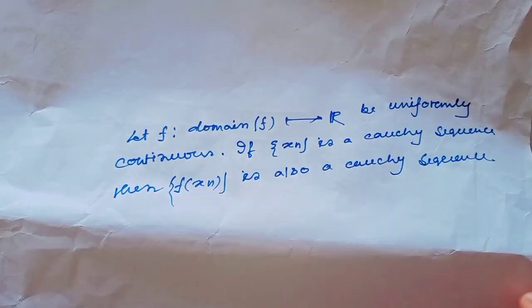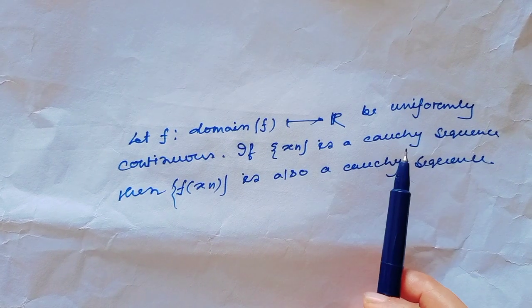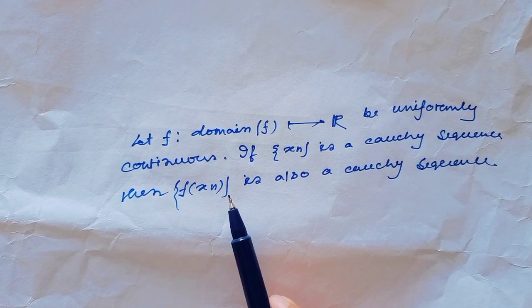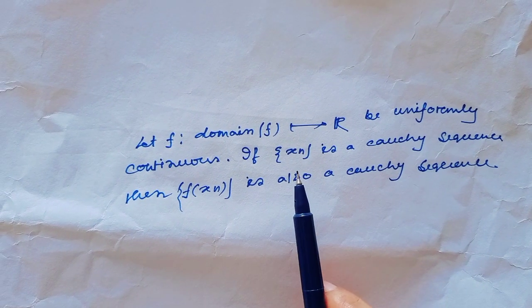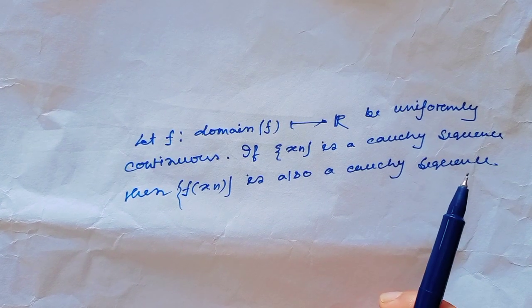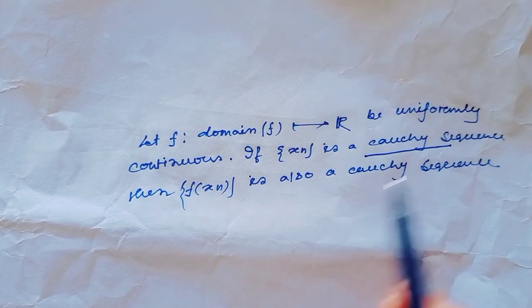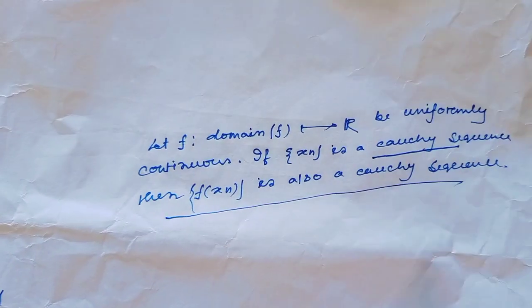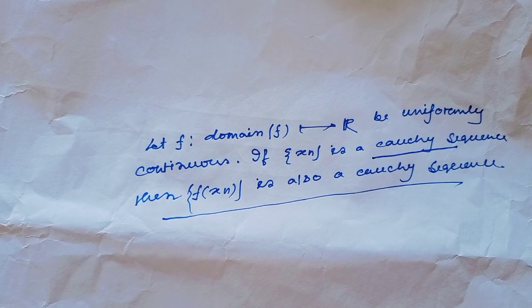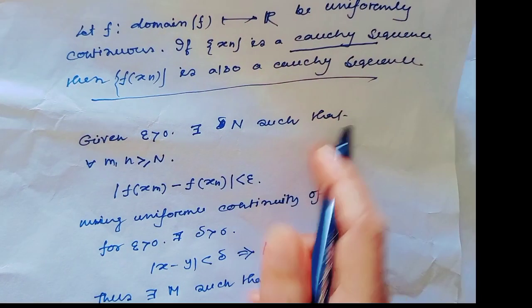Now consider f mapping from the domain of f to R which is uniformly continuous. Then if a function is uniformly continuous and xn is a Cauchy sequence, that always implies f of xn is a Cauchy sequence. And this is a very easy proof. We have to prove f of xn is a Cauchy sequence.